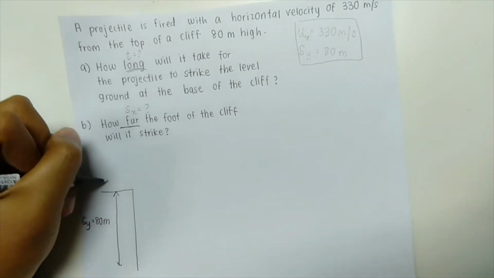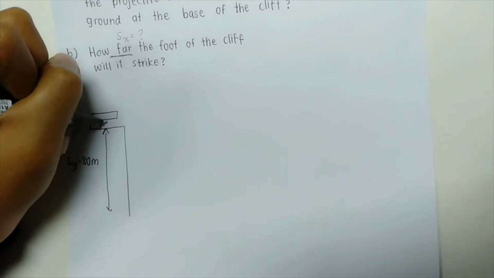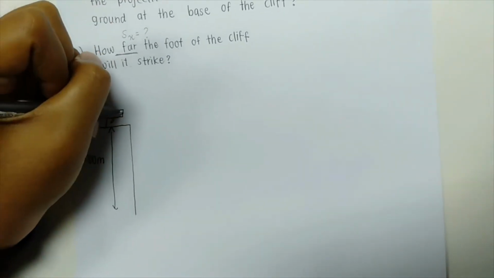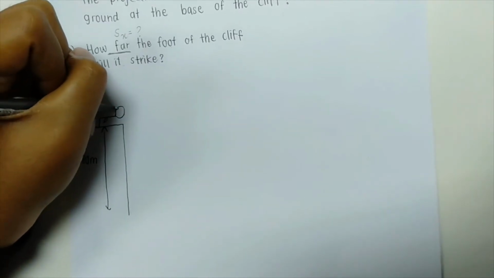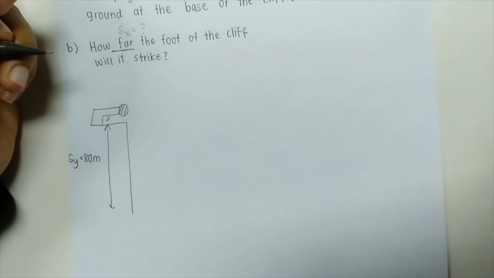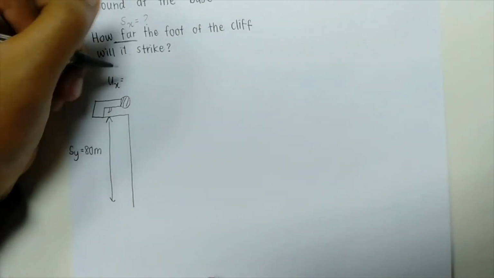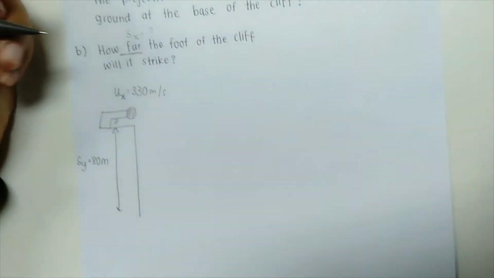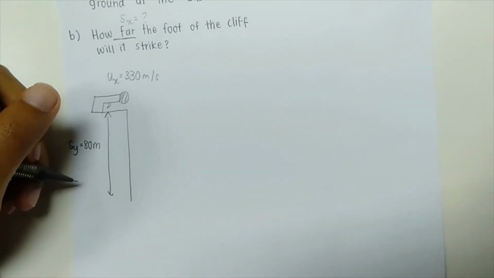Imagine there is a gun. This is my gun. Imagine this is the ball, the bullet or whatsoever. The ux equals 330 meter per second. Now we have labeled all the information that is given by the question.